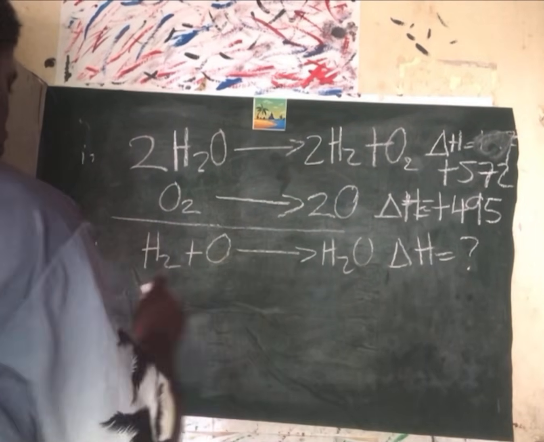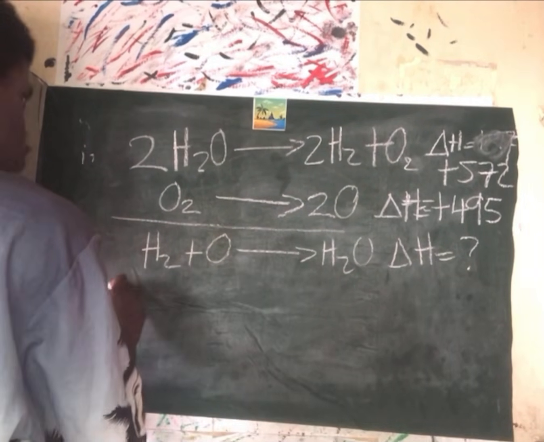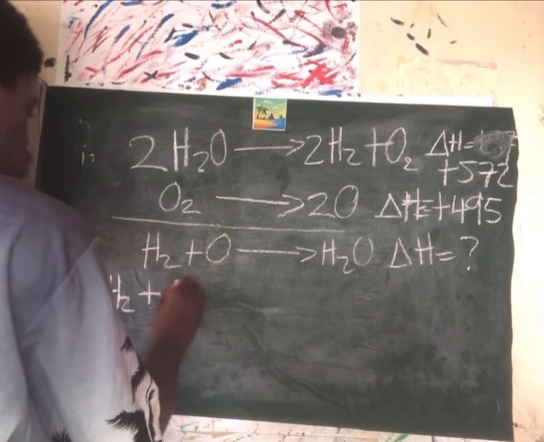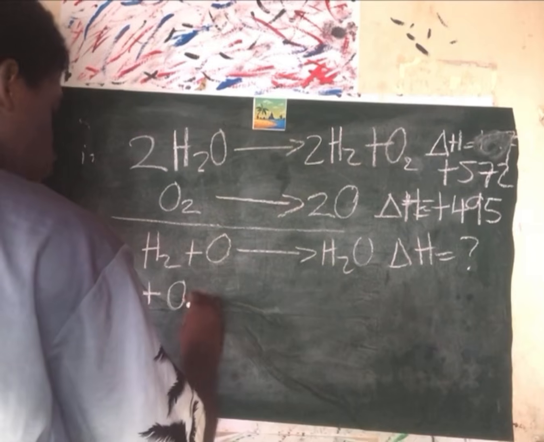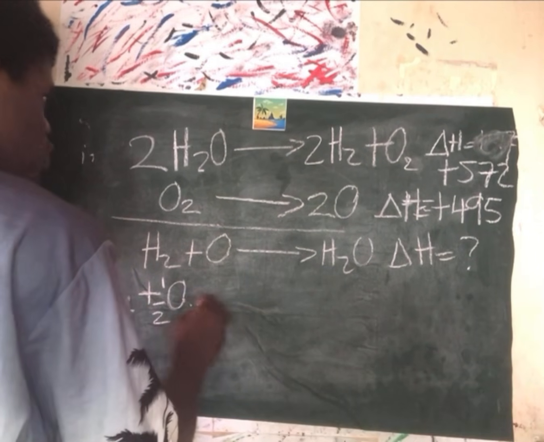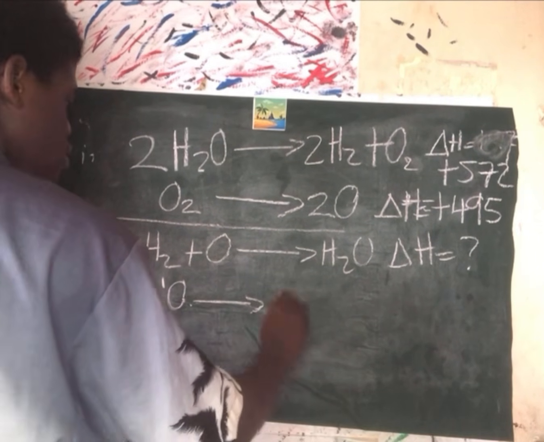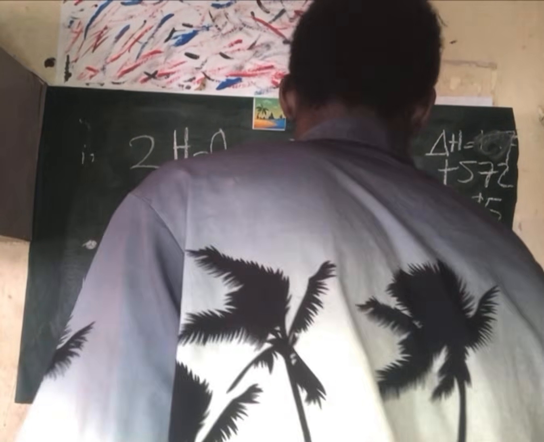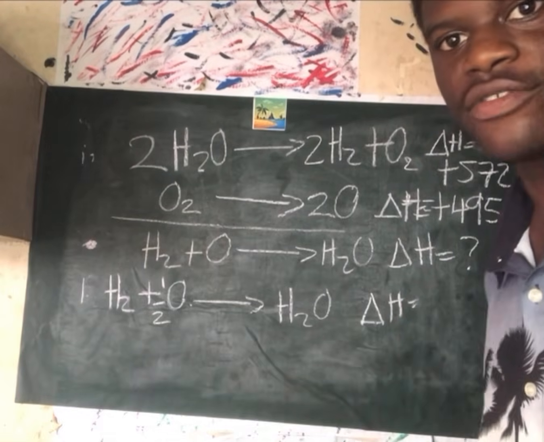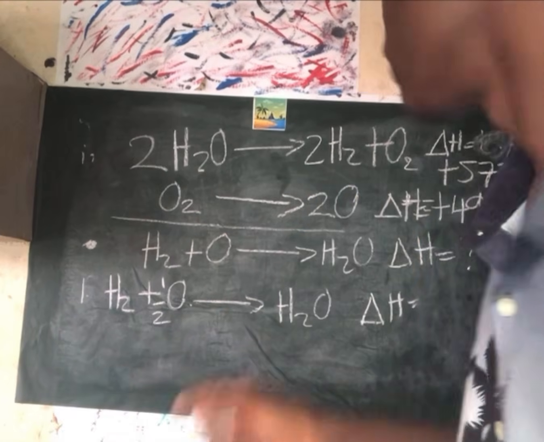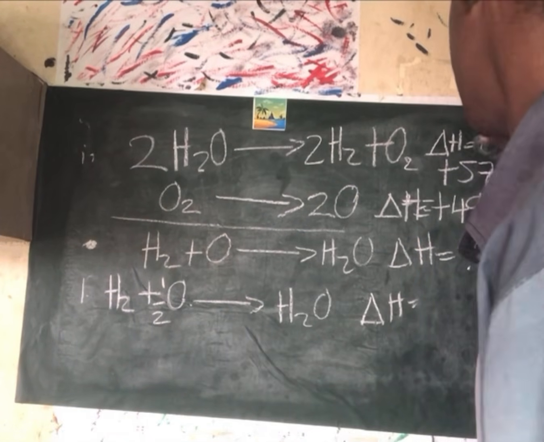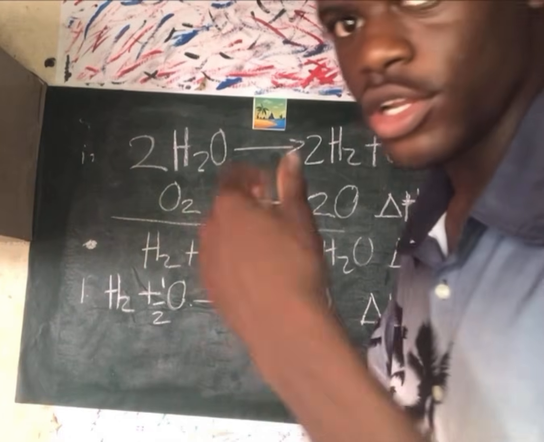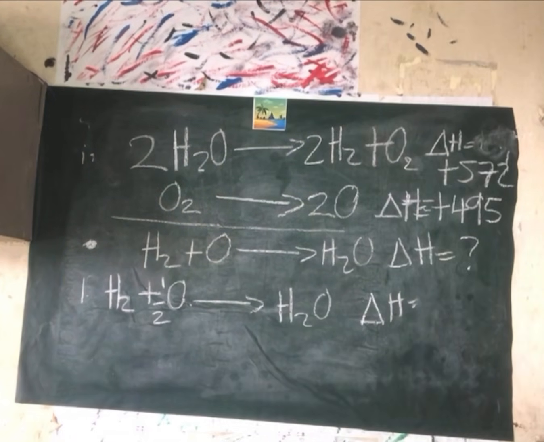After reversing it, we get H2 plus half O2, because we divided by 2, giving H2O. Since we divided all sides of the equation by 2, we divide the enthalpy by 2.